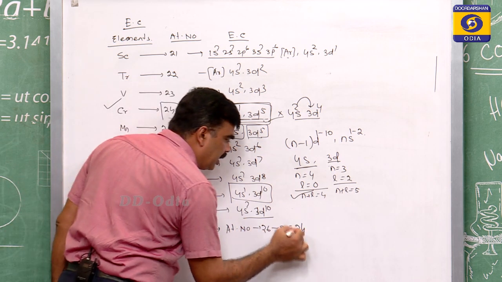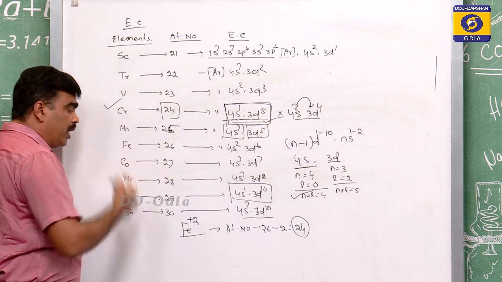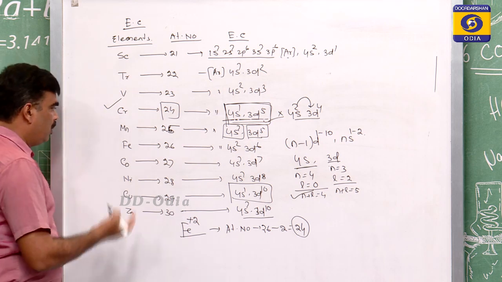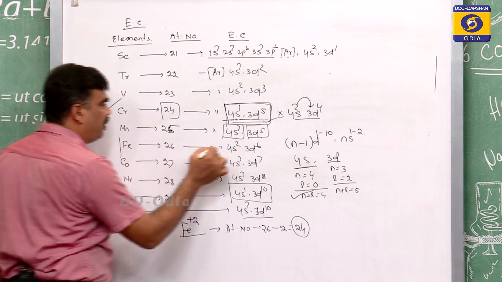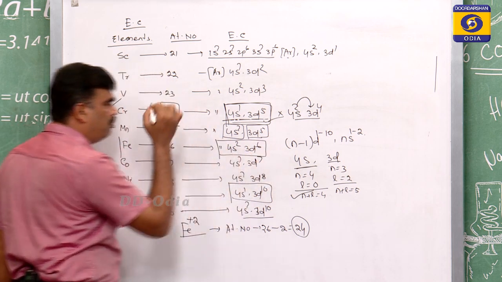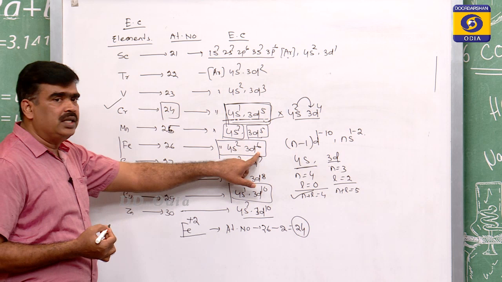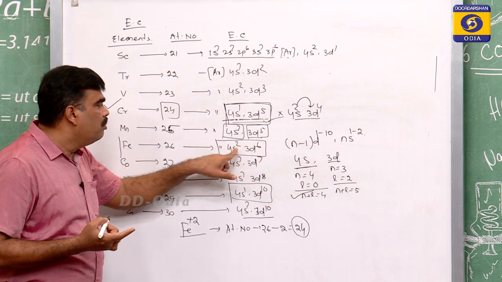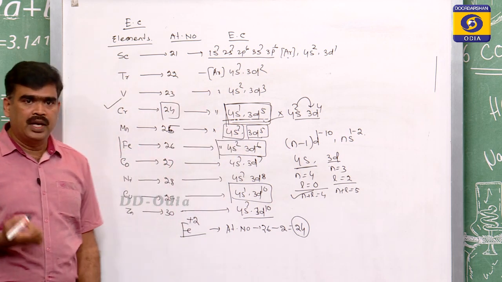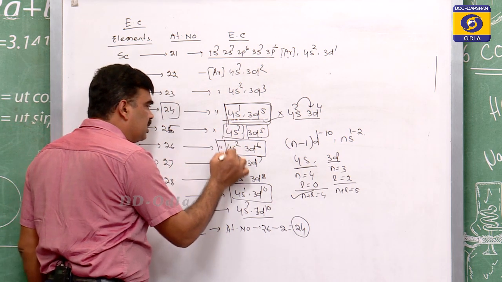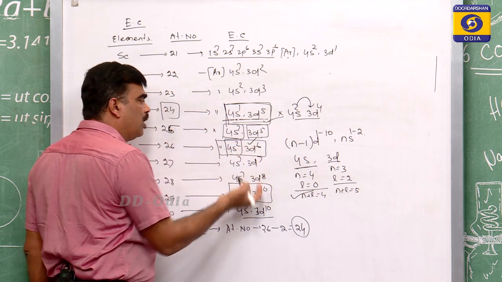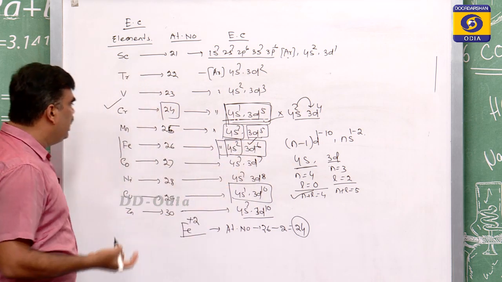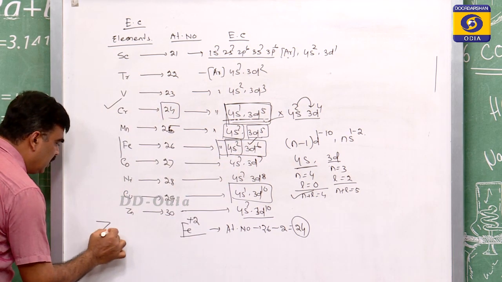This should not be done. How will you write down the electronic configuration of a cation? You have to write down the electronic configuration of its atom first. Here the atom is argon 4s2 3d6. Now the electrons that go will not go from 3d but from 4s, because 4s is the valence shell, 3d is not the valence shell, although the electron is filled there at last. One reason is effective nuclear charge.